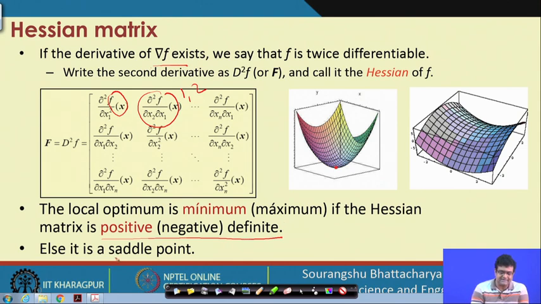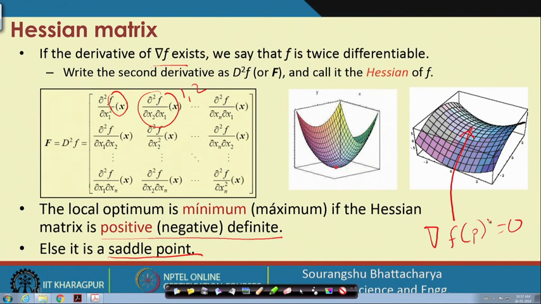Now, there are points called saddle points, as shown here, where the gradient is 0. Even at this point the gradient of f at P is 0. However, as you can see, it is neither a local maximum nor a local minimum. This will be reflected in the Hessian matrix being indefinite.